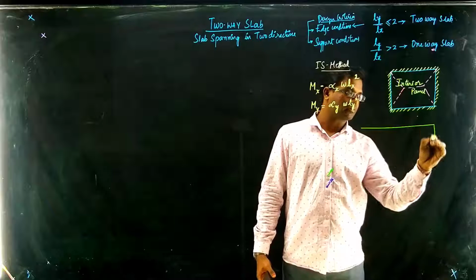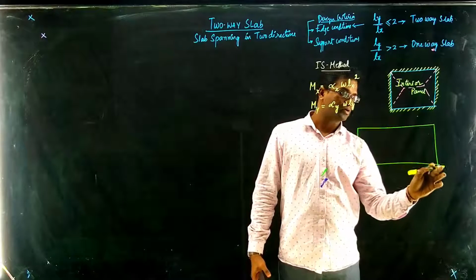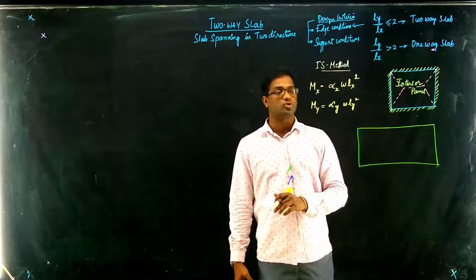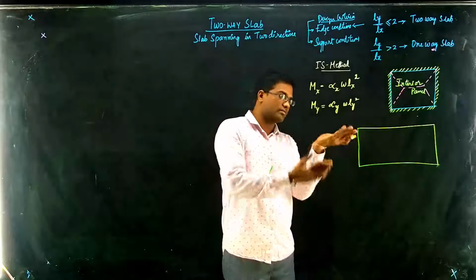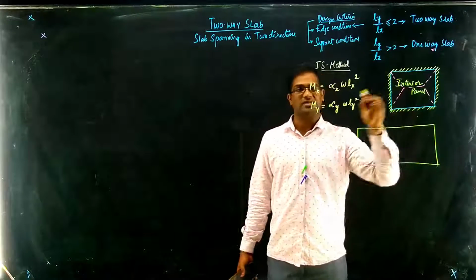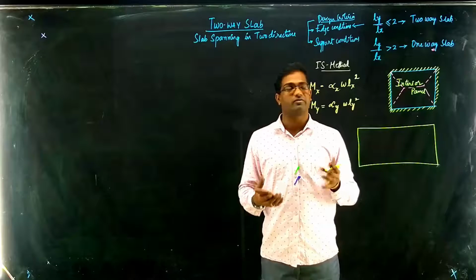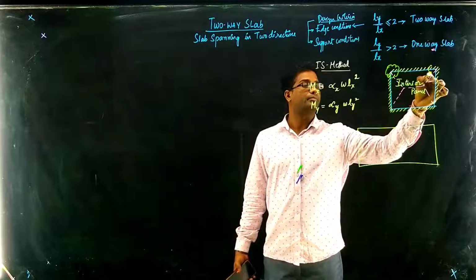Your two-way slab looks something like this. Now, this slab bends either like this or something like this. But this slab will behave like a cup fracture where the corners are lifted up.